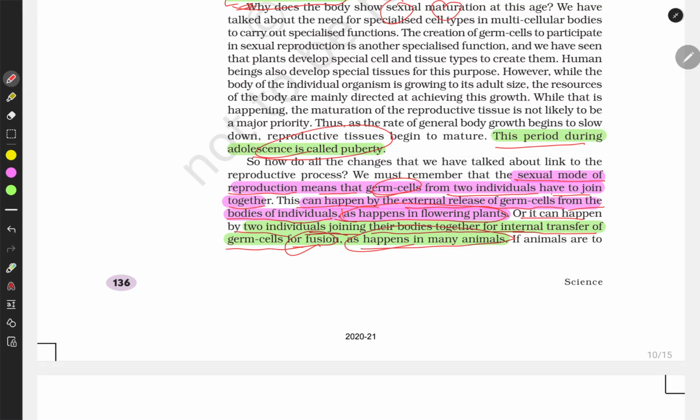So there is sexual copulation, where both the male and female sex organs interact with each other, so that they can internally transfer the germ cells.